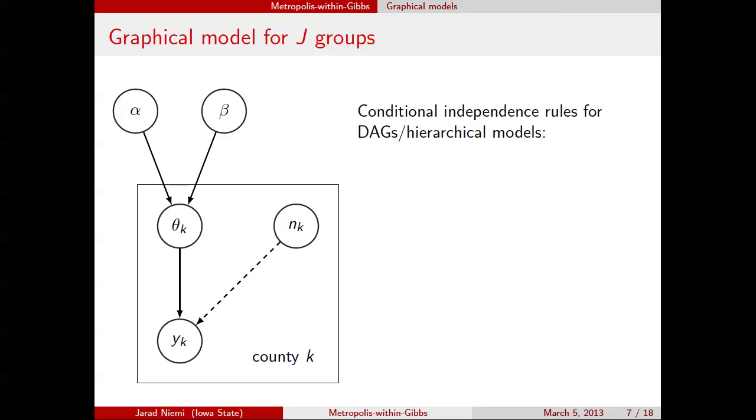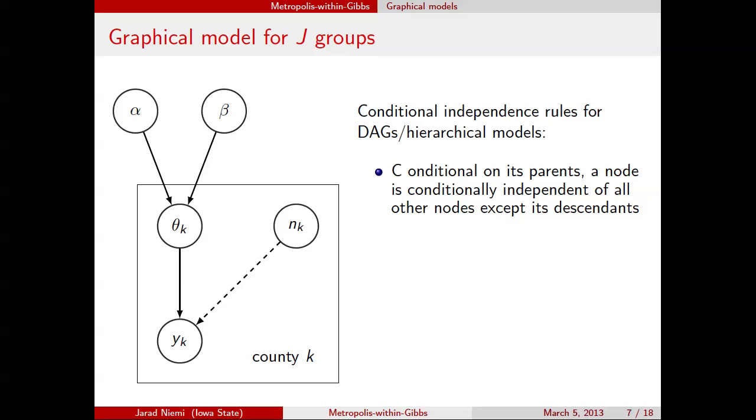Directed just means that there are arrows and not just edges, so there's actually a directionality in the graph. And acyclic means that you can't start at any node and return to that node following the arrows. So hierarchical models can be represented as directed acyclic graphs.